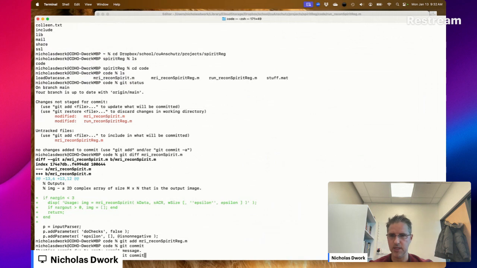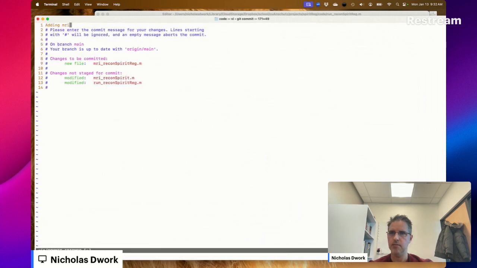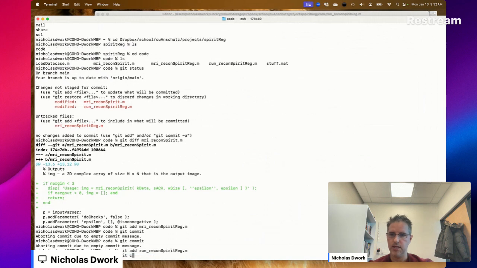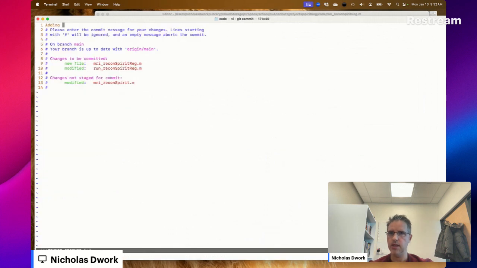Okay, so git commit, adding MRI recon spirit. Git add run MRI recon, run, git commit, adding MRI recon spirit reg to the repository.